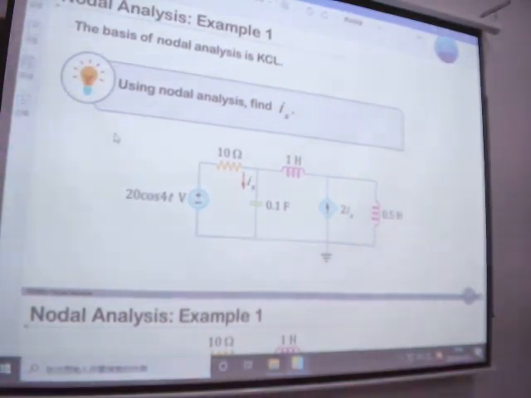For this example, now it should be 20 angle zero.